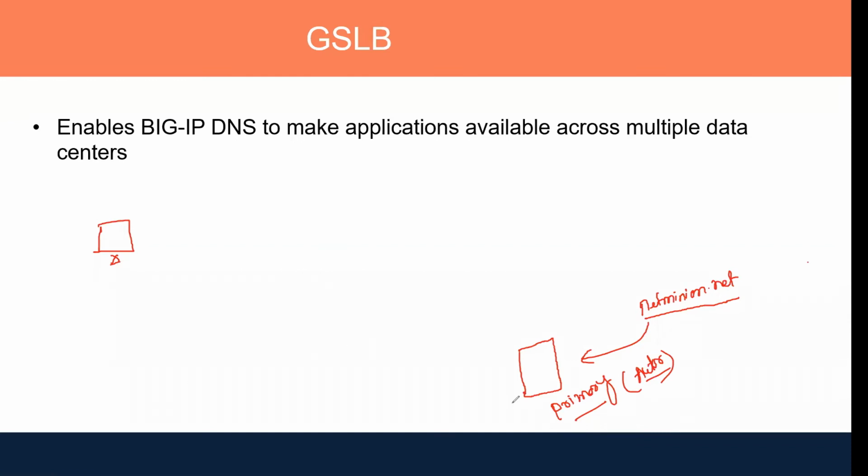So what my company, NetMinion, has done, they also have put F5 there. And on the back end of F5, they have put this primary server, right? Now, instead of making the entry here, this is working as a primary and this is working as a secondary.